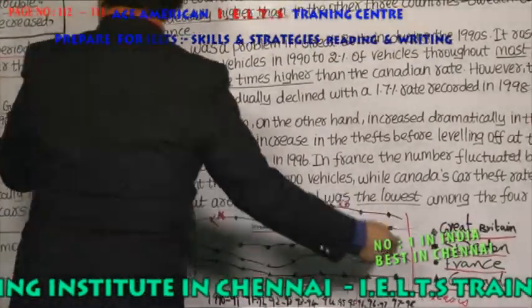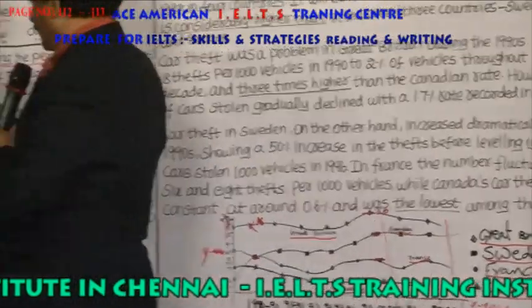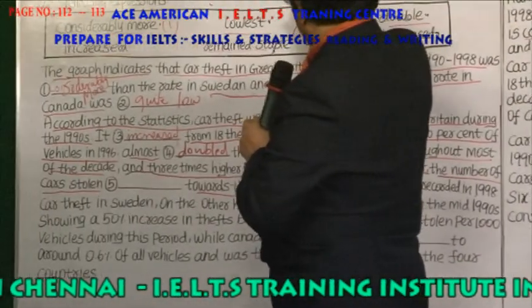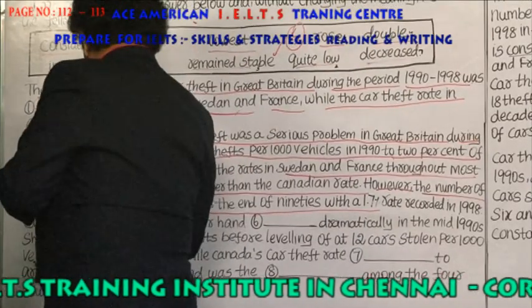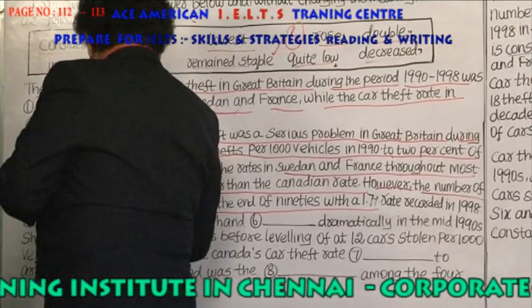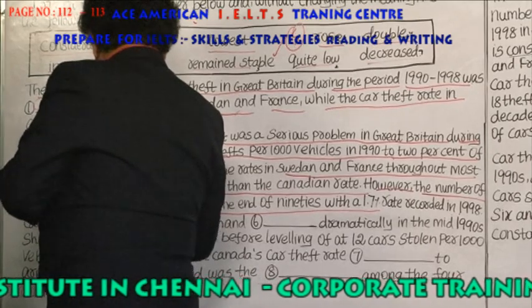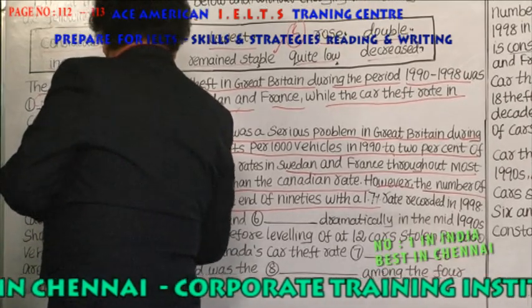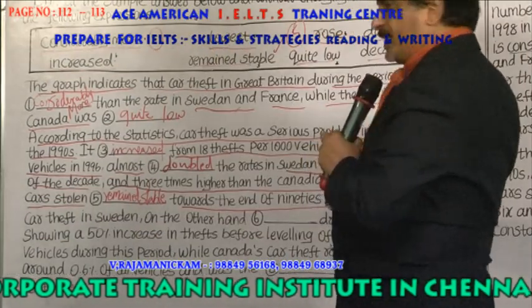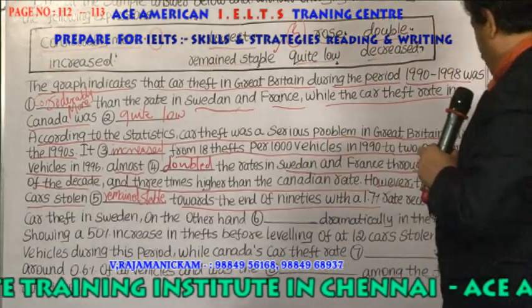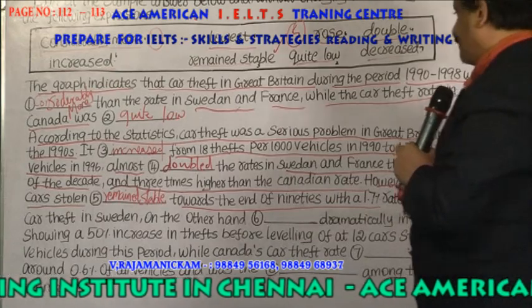So you have to use remain stable. So 5. Remained stable towards the end of the 90s with a 1.7% rate recorded in 1998.